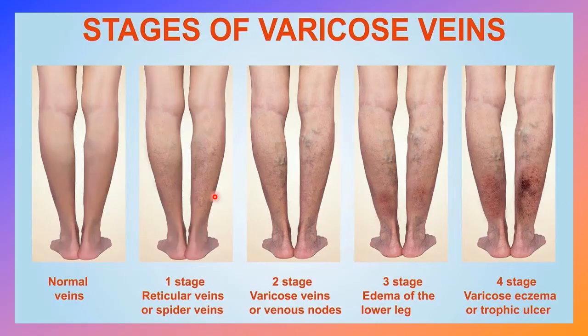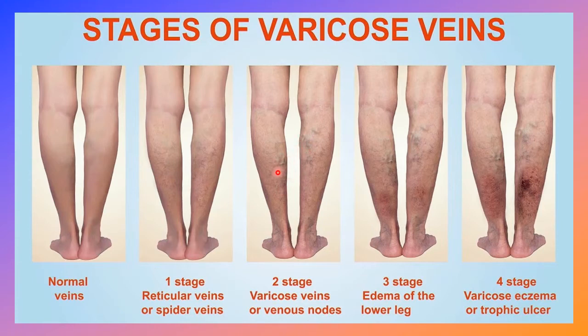So this picture shows you the stages of varicose veins. Here is a patient with normal legs, no varicose veins. Stage 1, you have reticular veins or spider veins seen on the leg, especially the lower leg. Stage 2, varicose veins or venous nodes develop. They become bigger and they appear as nodes.